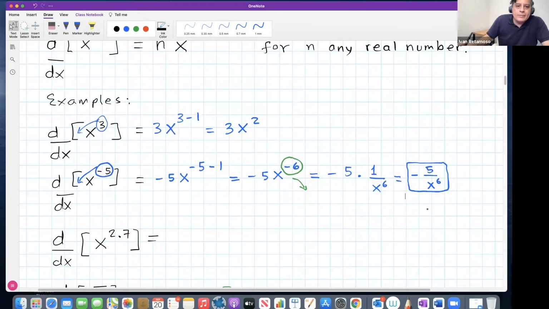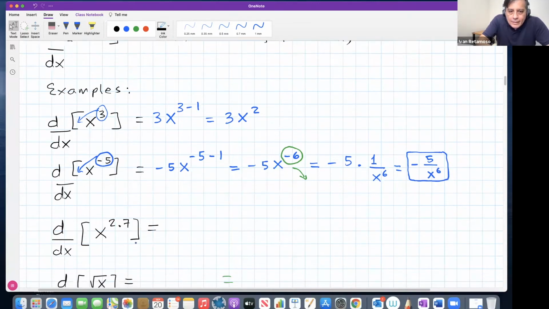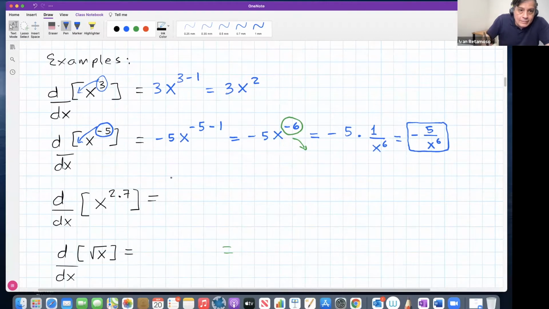All right, next question. Take the derivative with respect to x of x raised to 2.7. Well, again, let's follow the power rule. Professor, it's a decimal. Yep, but the power rule still holds. So you still do this.